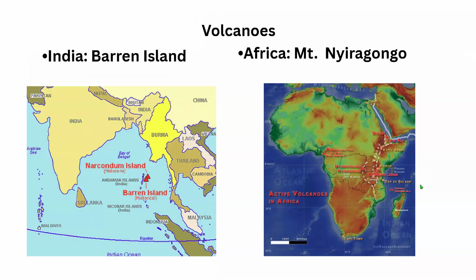Regarding volcanic mountains, India also has a volcanic mountain in Barren Island. Can you see Barren Island? These are the mountains, Barren Island. These are active volcanoes. Okay, in Africa, Nyiragongo is the active volcano.